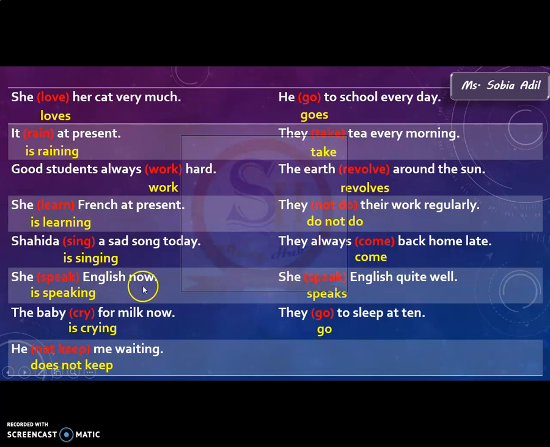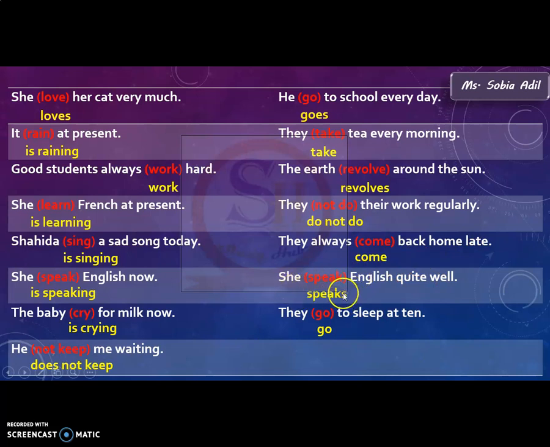She speak English now. Now is telling you about the continuity of something. So you need to cut speak and write is speaking. She is speaking English now. Next: she speak English quite well. Now quite well is telling you that something happens on a daily basis, usually.